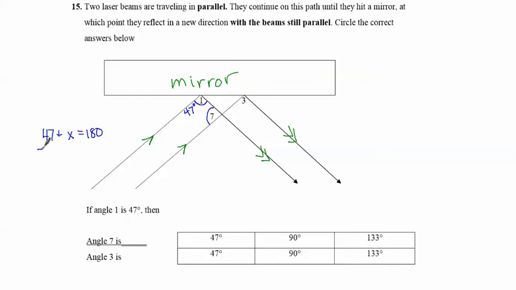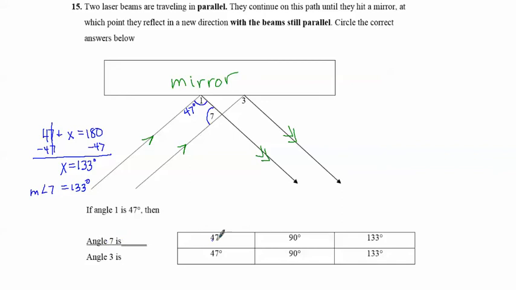And we solve that, subtract 47 from both sides, and you should get x is equal to 133. Okay, so that means that the measure of angle 7 is 133 degrees.